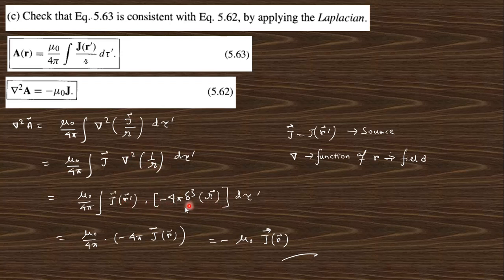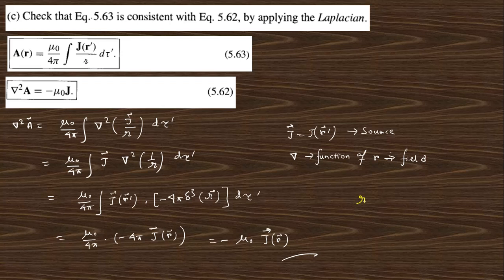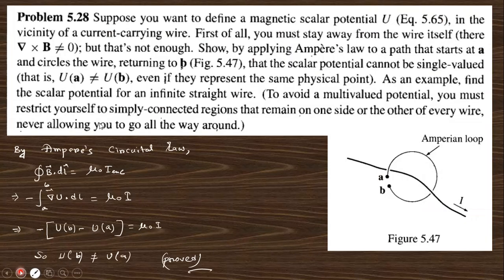Taking the delta function formula with 4 pi, this will be 1 when r prime equals r, and this curly r is nothing but r minus r prime. So from here we can easily find that grad squared A equals minus mu 0 J. Clear? Go to the next one.